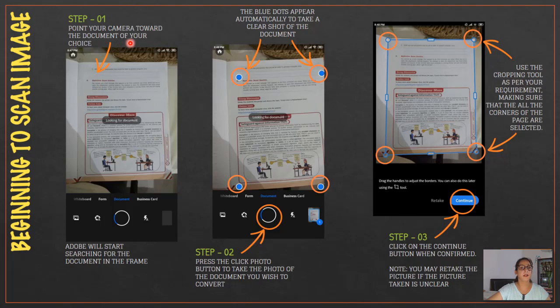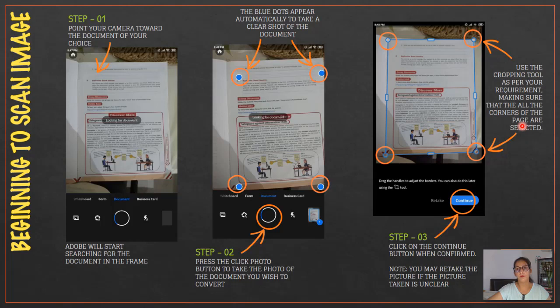Point your camera towards the document of your choice. You can see here the blue dots will appear automatically to take a clear shot of the document. Press the click photo button to take the photo of the document you wish to convert. Click on the continue button when confirmed.